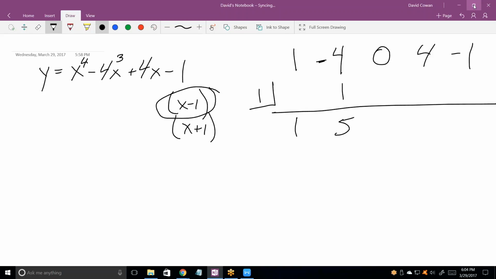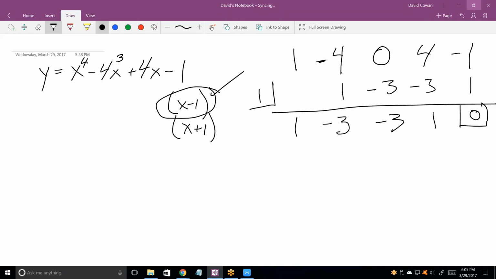Which means we don't get 5, we get negative 3. And that's negative 3, and that's negative 3, and that is negative 3, and that's positive 1, that's positive 1. I get a 0. That tells me that indeed that was a factor.